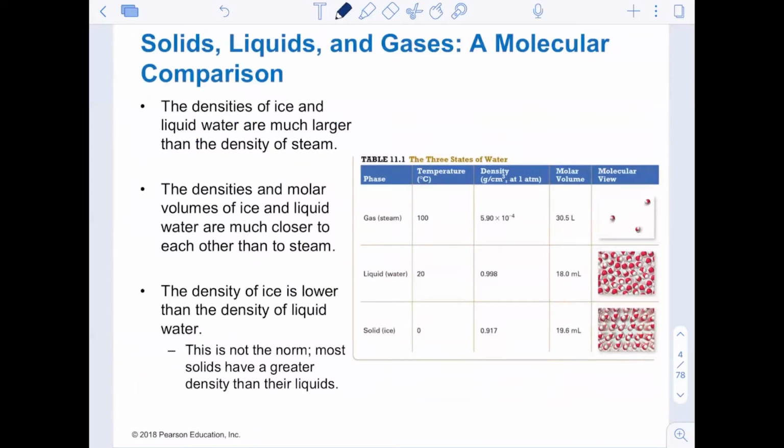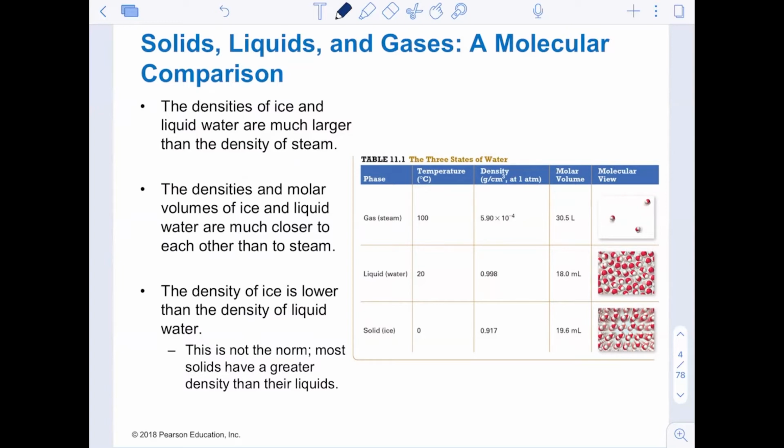Solids, liquids, and gases, just another comparison, we can see with the three states of water. Now, water is very, very special because when we look at the intersection between the solid and liquid states of water, we actually see that the solid ice is less dense than liquid water. This doesn't happen often. Most solids have greater densities than their liquids.